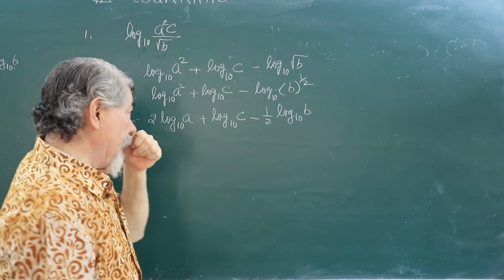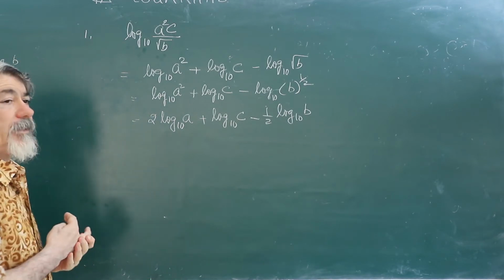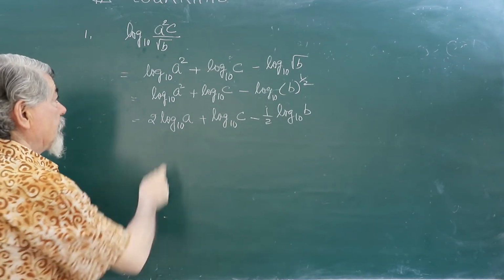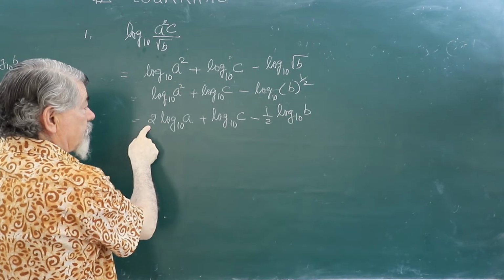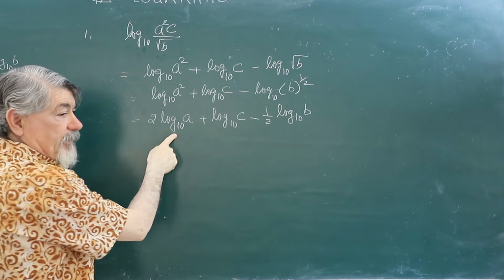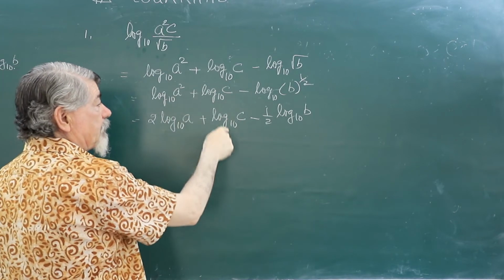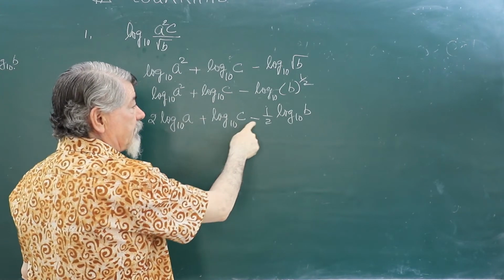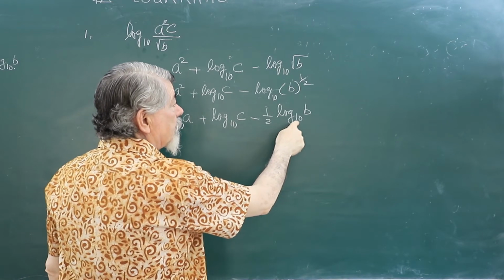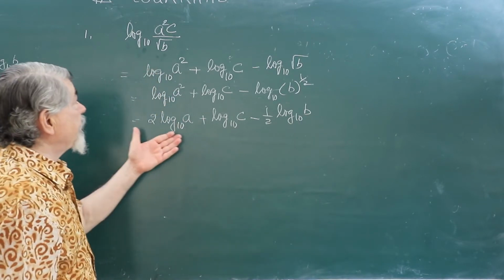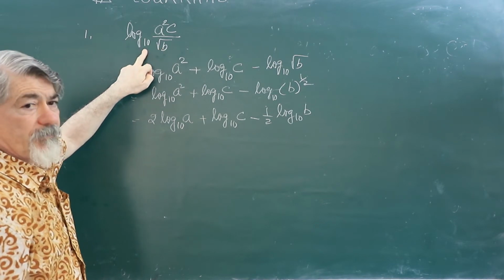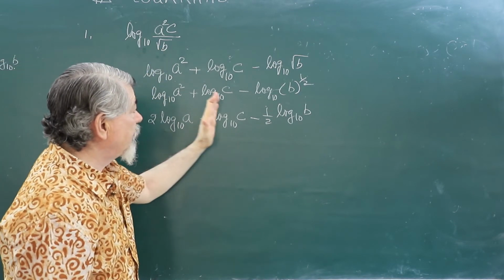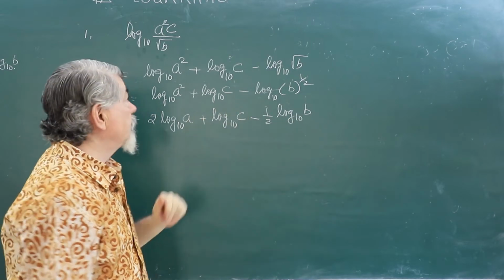In the next step, I'll bring the powers as multiples in the beginning. Like it was 2, by the power law I will bring this power as the multiple: 2 log a to the base 10. Here there is nothing, so it will remain log c to the base 10 minus half log b to the base 10. So we have expressed log a square c upon under root b to the base 10 in terms of log a, log c and log b.